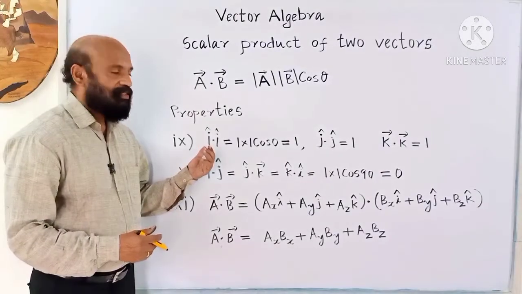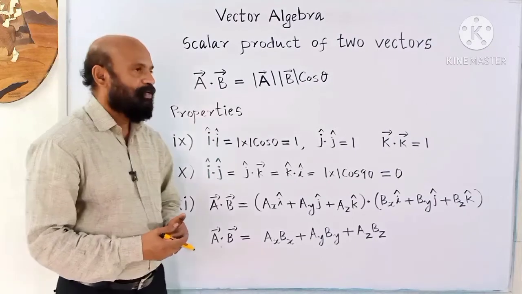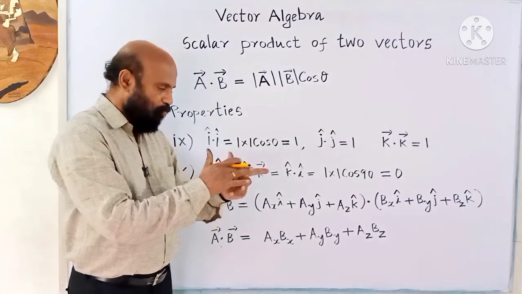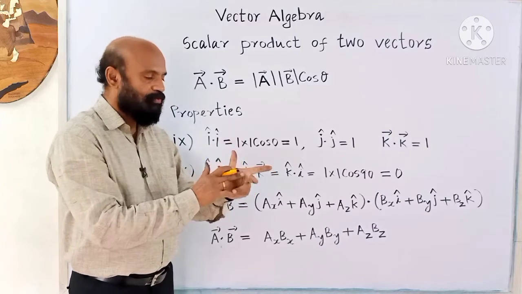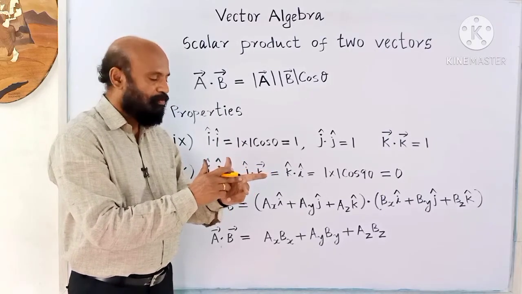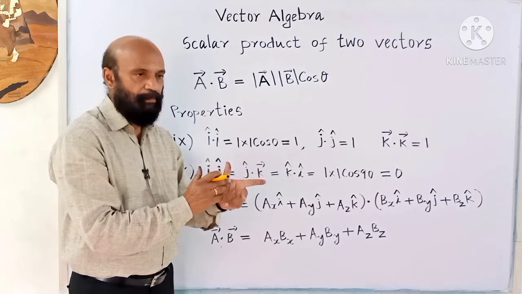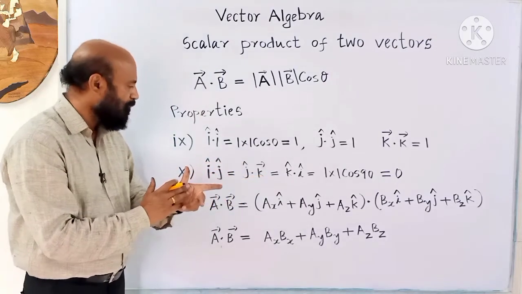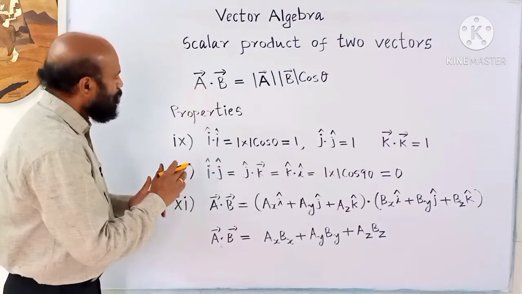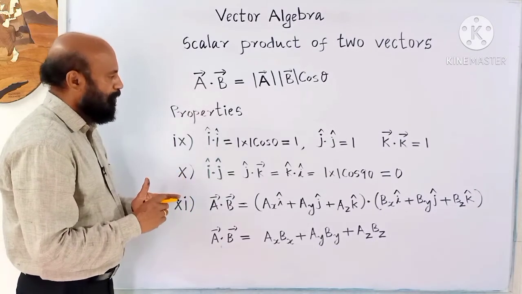Now let us see the scalar product of unit vectors. So you know the unit vectors along the x-axis, y-axis and z-axis. Unit vector along the x-axis is i cap, unit vector along the y-axis is j cap. Unit vector along the z-axis is k cap. Now they are mutually perpendicular.